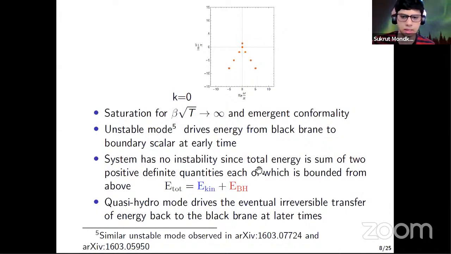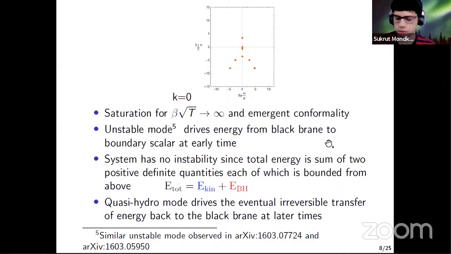There is no instability since the total energy is the sum of the energies of the individual sectors, the boundary scalar and the holographic sector, and each of these energies is positive definite and bounded above by the total energy. So there is no instability.